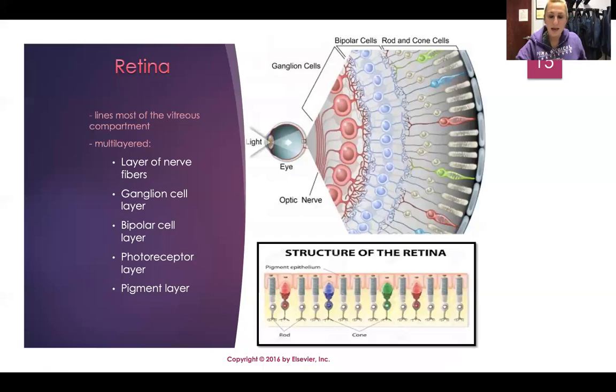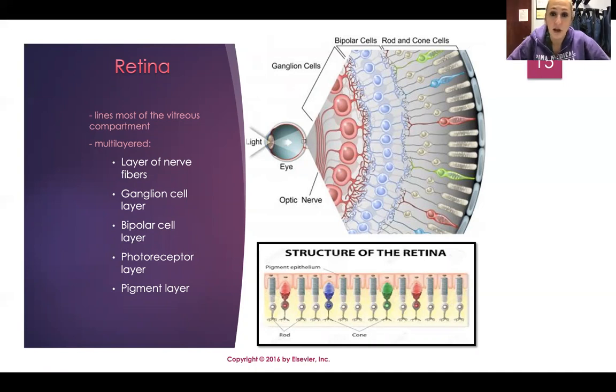So something else about the retina I wanted to go over, because I talk about the retina as being the business end of the eye. So the retina lines most of that vitreous compartment in the posterior chamber, and it has multiple layers. It has a layer of nerve fibers, right? Because it's nervous system related.